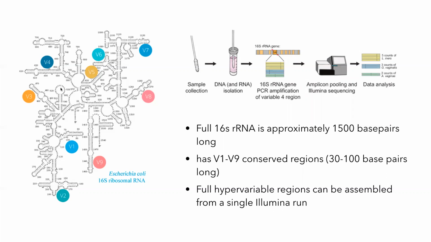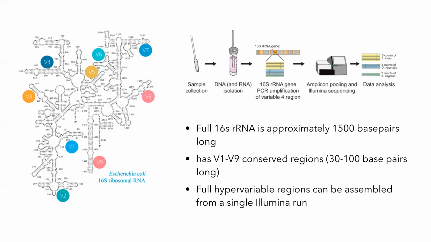And so if we want to sequence with high depth just specific regions, and those regions provide us the information about the taxonomy of the bacteria that we have in our sample, then we can really utilize to the fullest the sequencing capability of, for example, Illumina MiSeq.